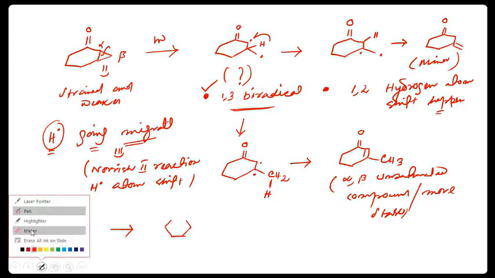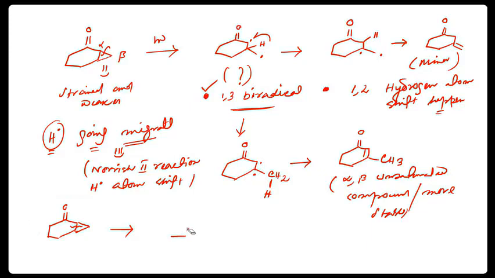So I have to redraw it. 1, 2, 3, 4, 5, 6, 7. A 7-member ring is formed, and we should have a 1,3 biradical.